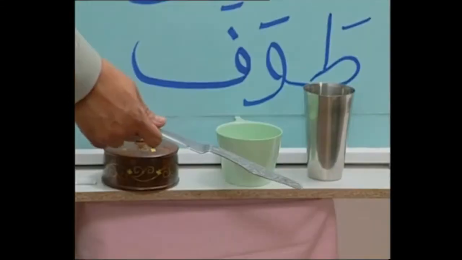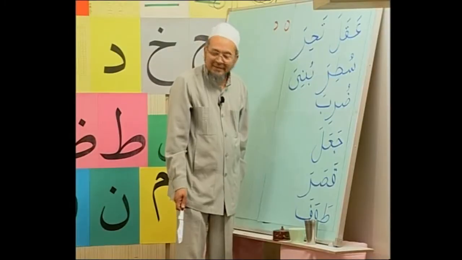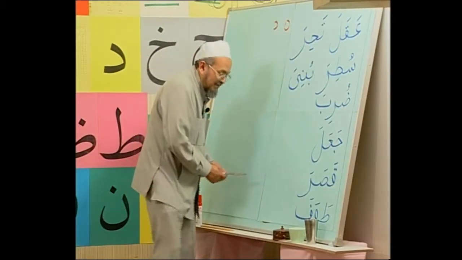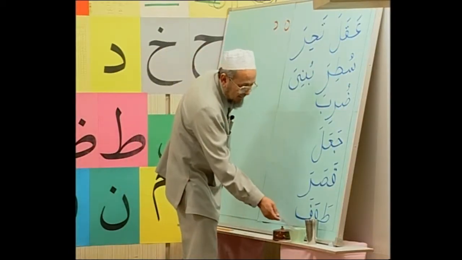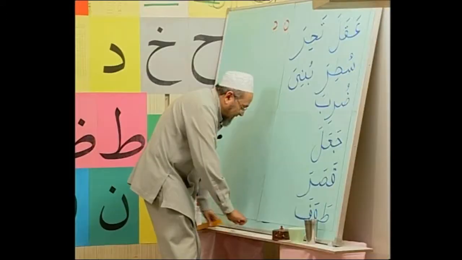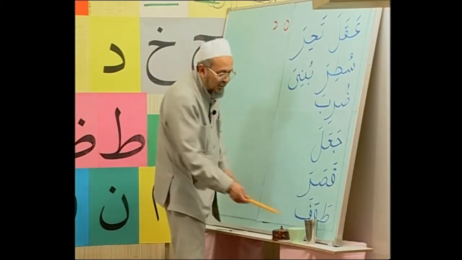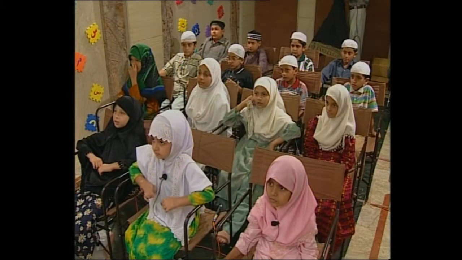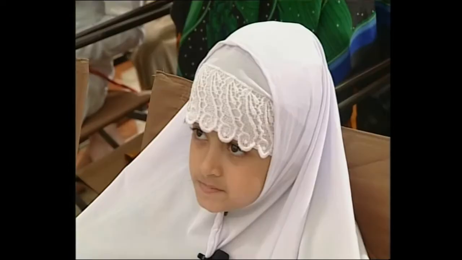And then plastic, wood. Just see that I am hitting with the metal, and the same thing with wood. Did you see the difference in the sound? Yes. All right. Now that's what I wanted to explain to you.